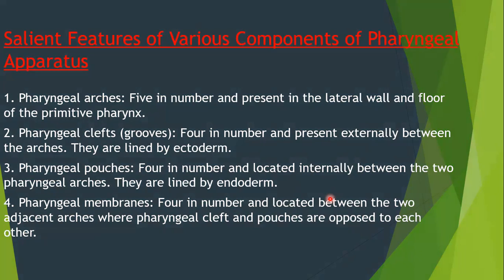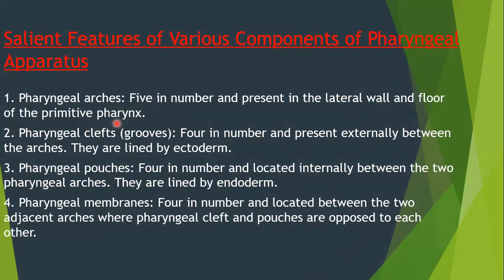Now let's explain these features of the pharyngeal apparatus. What are pharyngeal arches? There are 5 in number: the first, second, third, fourth, and the sixth, and they are present in the lateral wall and the floor of the primitive pharynx. Then we have the pharyngeal clefts or grooves, which are invaginations of the ectoderm between the pharyngeal arches.